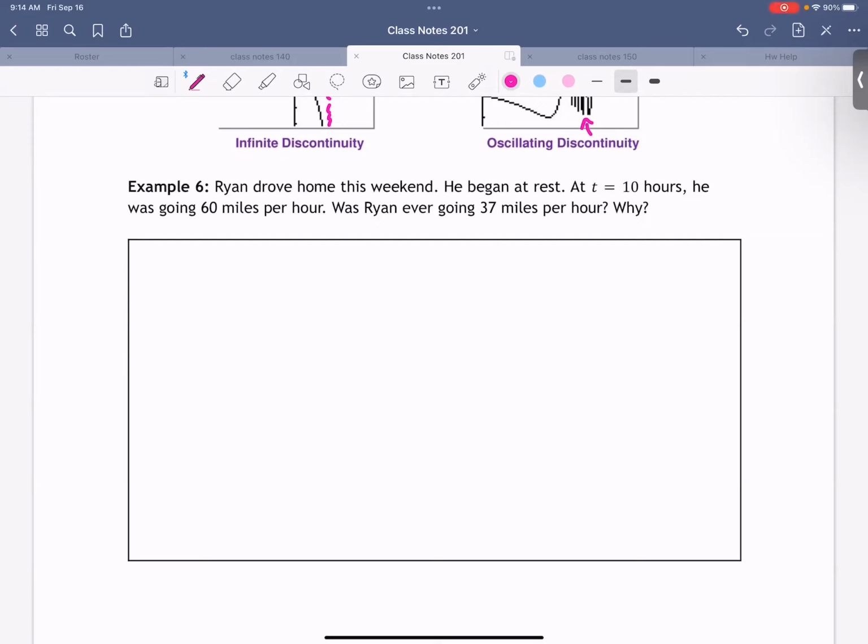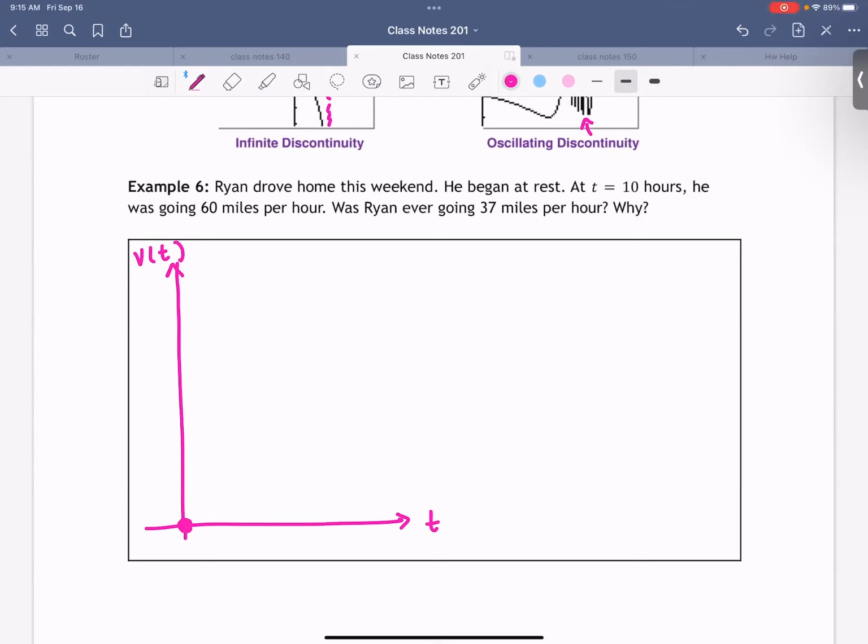Let me show you what would happen if the answer was no. The way I'm going to show this is by graphing his velocity. So let's say we have time as the x-axis. We've got v of t, which is the velocity function, so how fast he's going. And since Ryan started at rest, he started at 0.